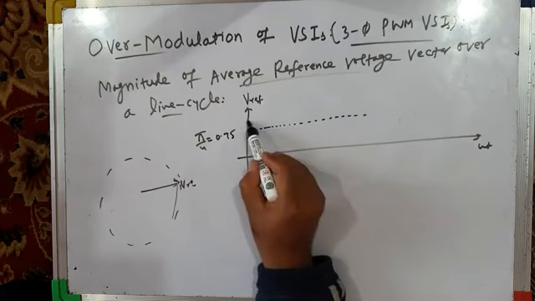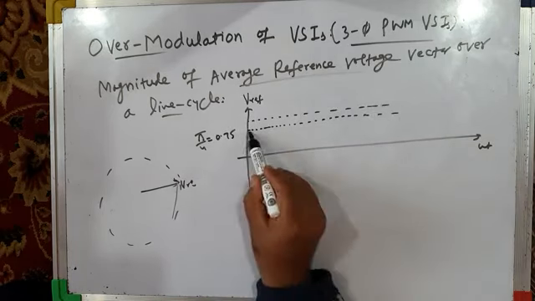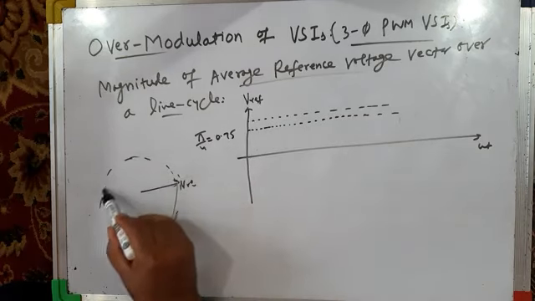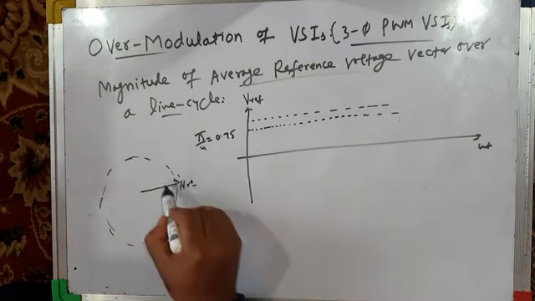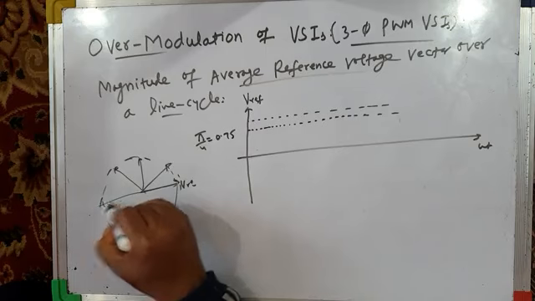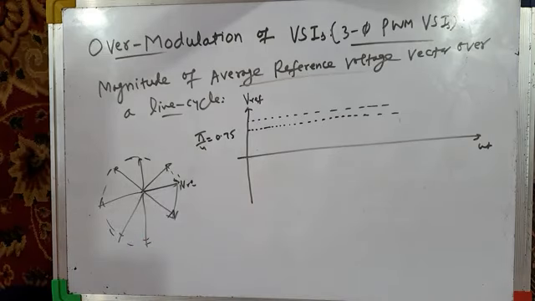But with over modulation, it is not constant now. Its magnitude does not remain constant. When it rotates in the circular path, its magnitude remains constant at any point, but that is possible only when your inverter is operating in under modulation mode.